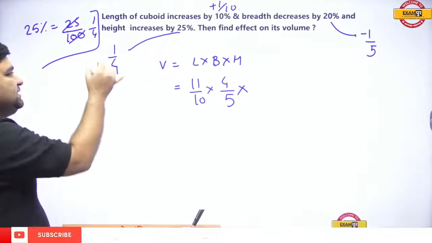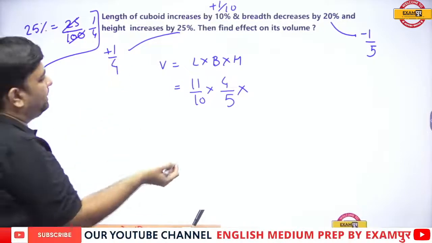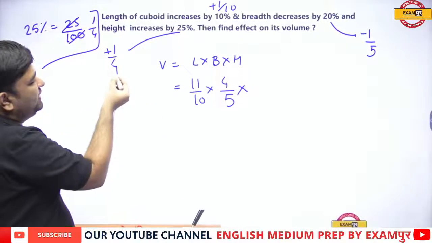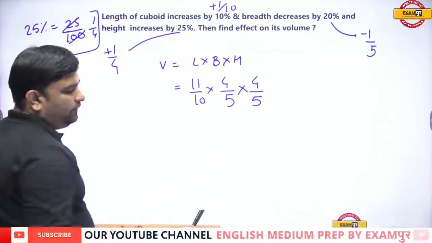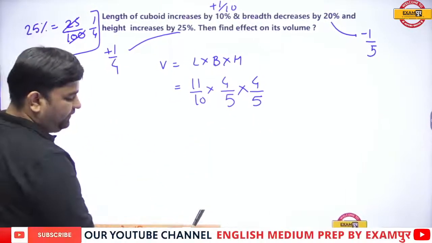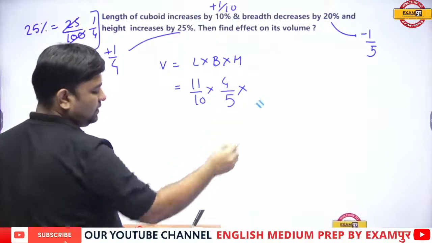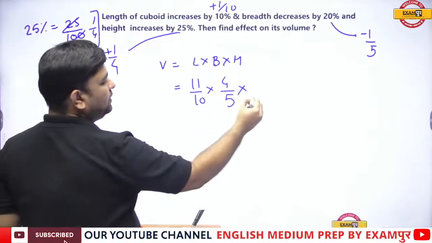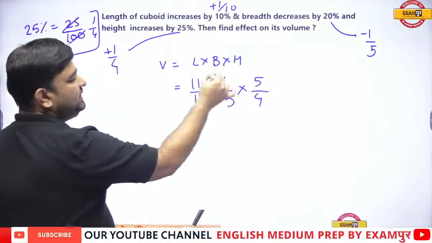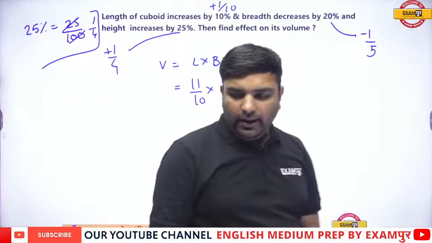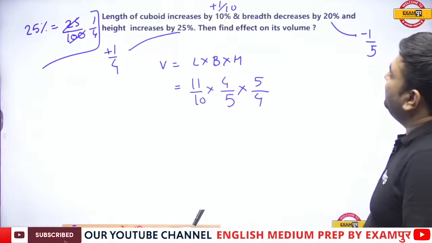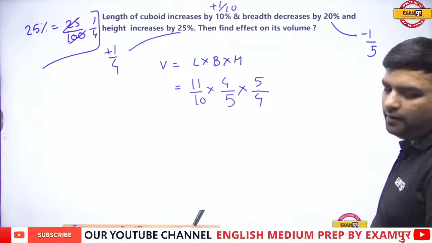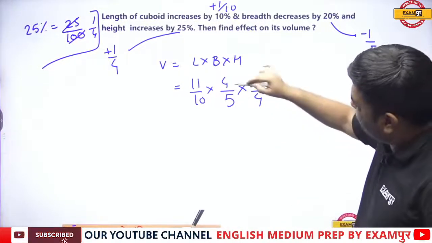Increase by 25%, so increase by 1 over 4. So from 4 it has become 5. So last two are nullifying each other's effect.